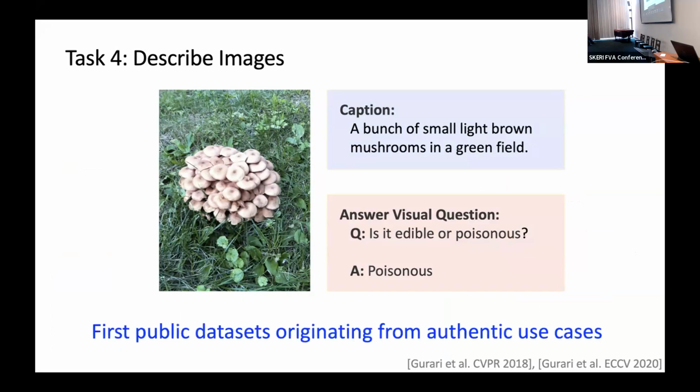I'd like to highlight that this is the first set of public data sets for these two tasks that actually originated from an authentic use case. All other ones were made up, just downloading images often from the internet and having people just describe those images or make up questions that they think are interesting. So this really represented, what do real end users of these kinds of systems want to learn from an image?